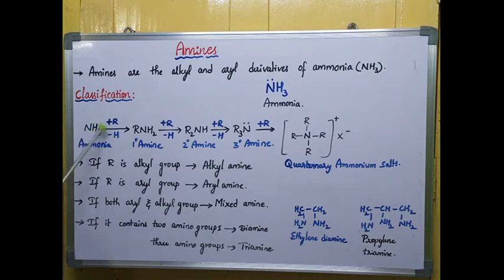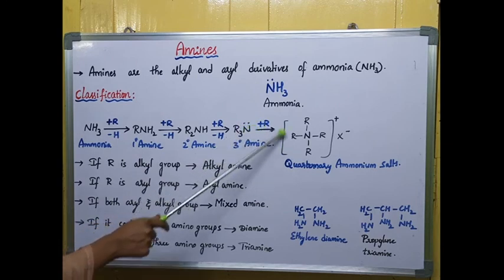If the second hydrogen is replaced with another R, we'll get the secondary amine. Now we have only one hydrogen. If this hydrogen is also replaced with another R, meaning any alkyl or aryl group, then we'll say this is a tertiary amine.